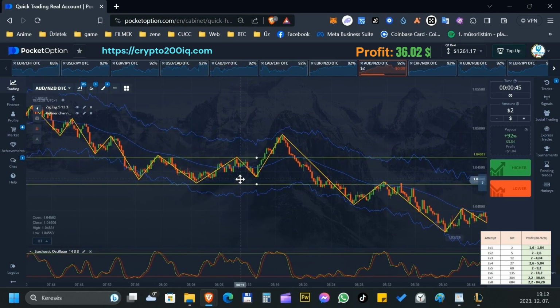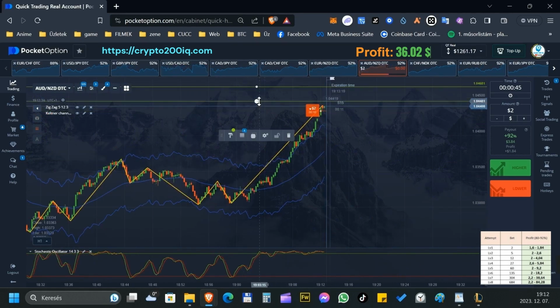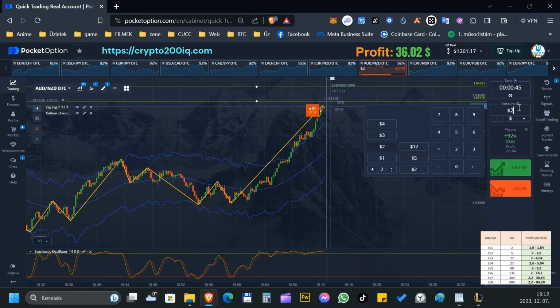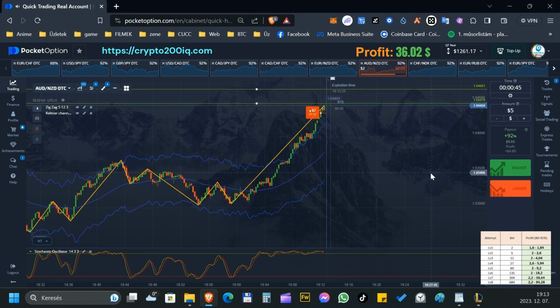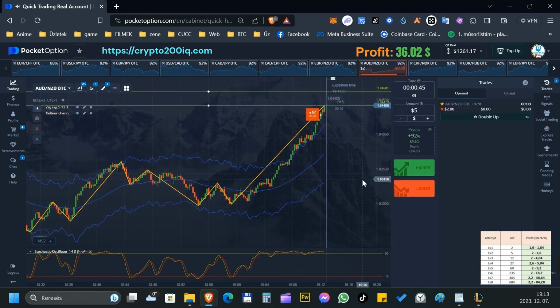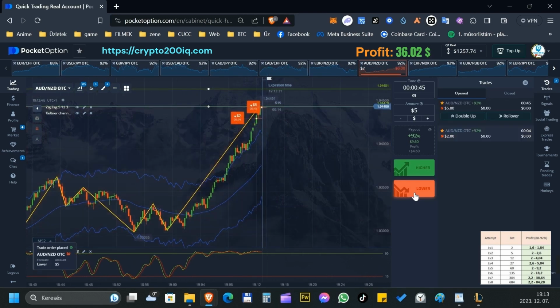We mark where the next points might be. We're getting ready for the next bet. We've placed it.